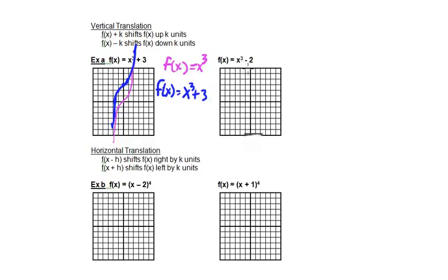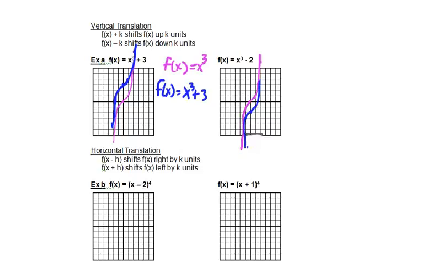So we'll start with our basic graph, x cubed. This time, for x cubed - 2, we're going to take that landmark at the origin, and instead of shifting it up 3 units as we did before, we're going to shift it down by 2 units. And the graph will appear something like this.